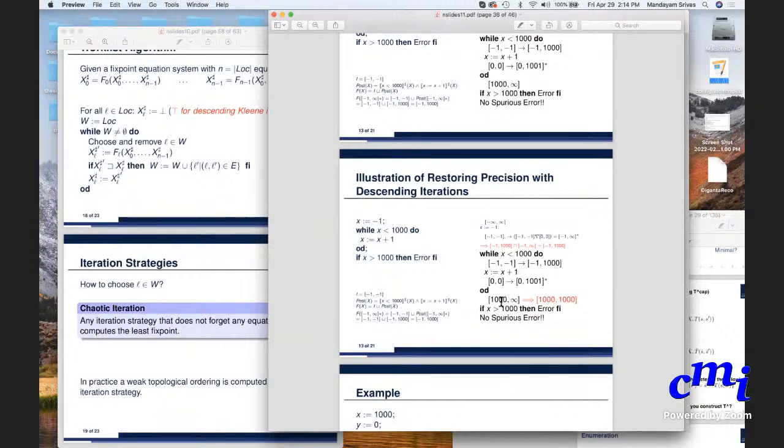Because you are from 0 to 1000 here. Actually, this should be 0 to 1000. So several mistakes here. This is not -1 to 1000. It should be 0 to 1000, because that's what you're getting here.